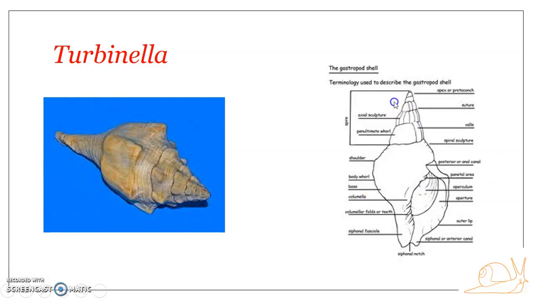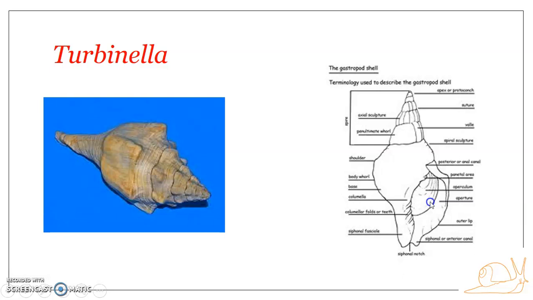If you make a section of it, you can see a central axis extending from the apex till here. This axis is known as the columella, and the whole whorl is coiled around it. This columella is thick, solid and folded, and you can see there is a shell mouth, already mentioned, that is the aperture. It is covered by the operculum.